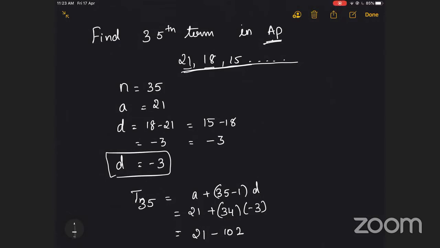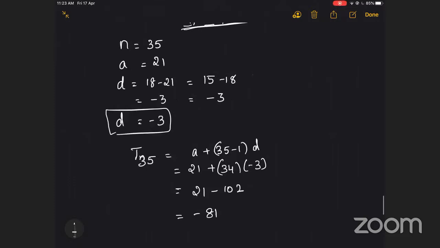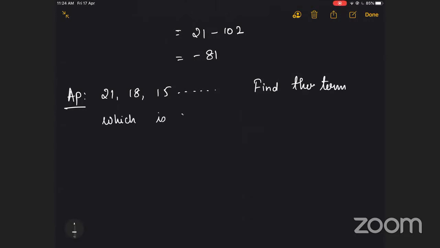For example, in the same AP, 21, 18, 15, and so on, find the term which is 0 in the given AP.